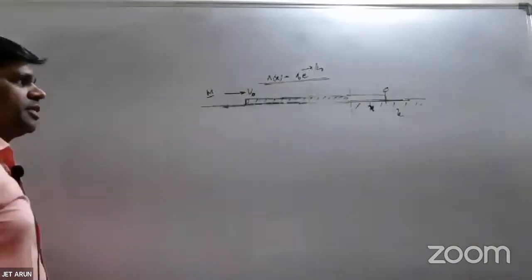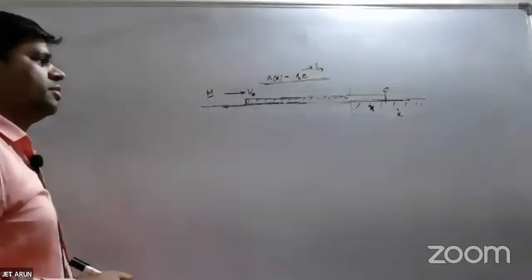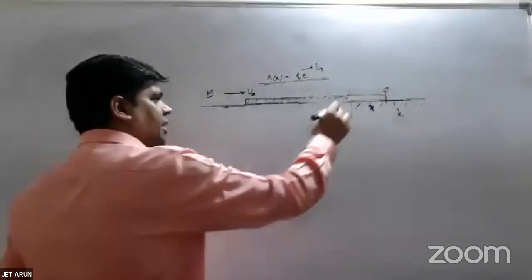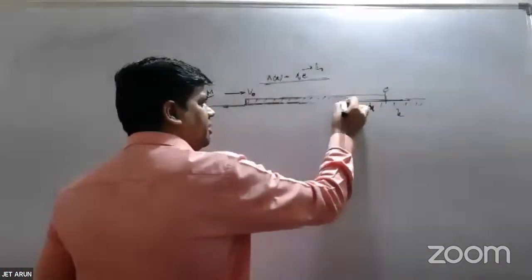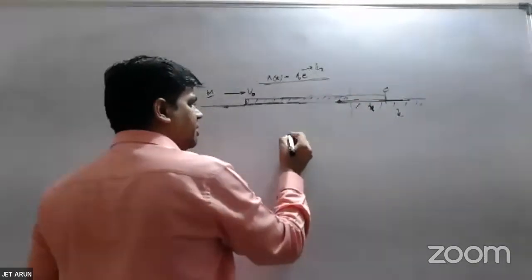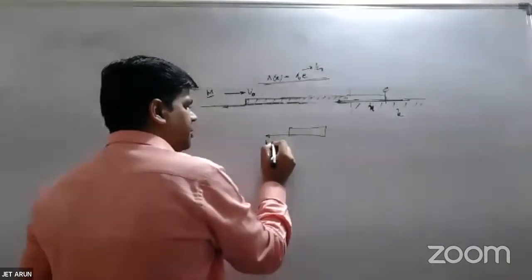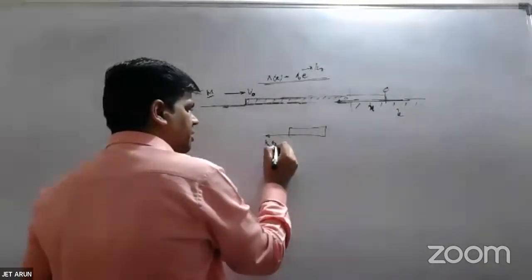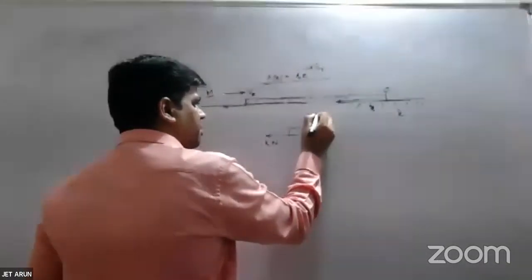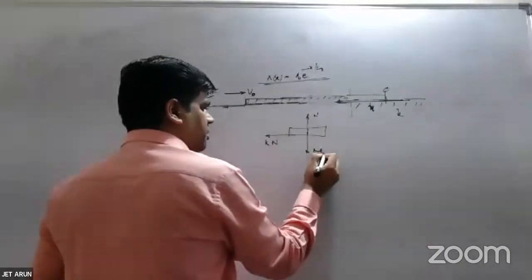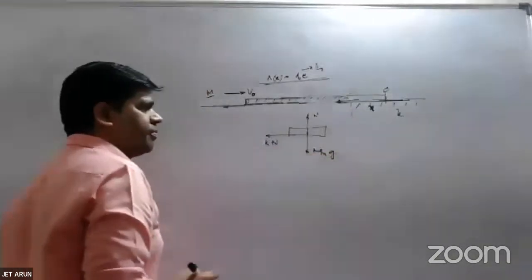Now I have to write down the same thing. What do I do? I'll draw the FBD of this block, this part. దాని మీద ఫ్రిక్షన్ mu into n ఉంటుంది. Mu times n. And this is mxg.